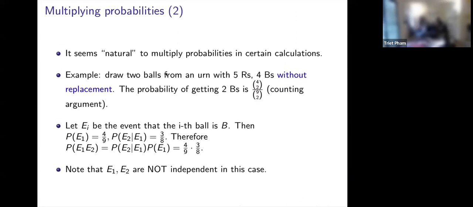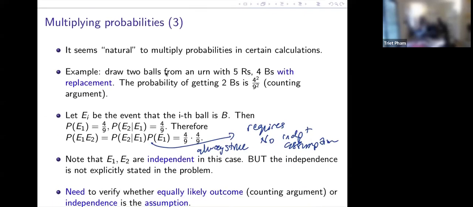There are other examples, for example, the urn problem when you sample without replacement, or even the problem where you sample with replacement. Here, you might have the intuitive idea that balls drawn consecutively from an urn with replacement would be independent.